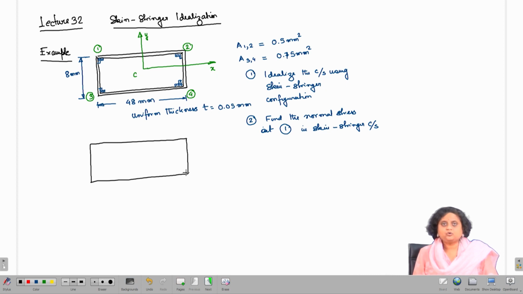Also, we know that the booms are usually placed at locations where there are stringers. So, here we have stringers at all the corner points. As per the convention, we are going to place booms at all these corners.